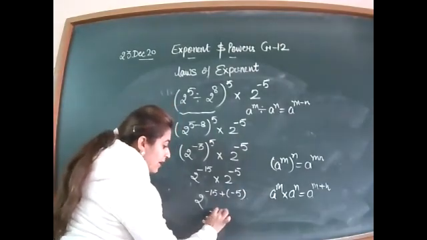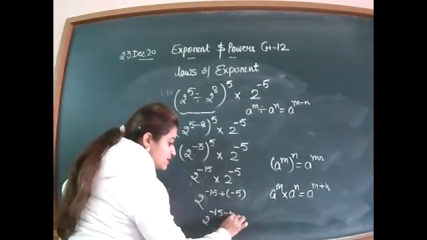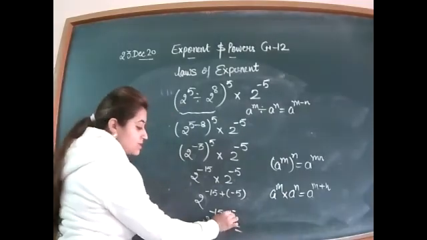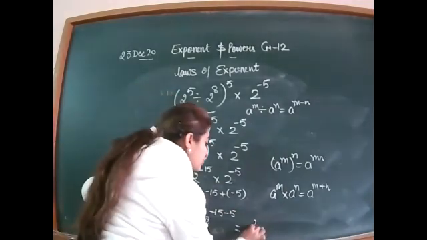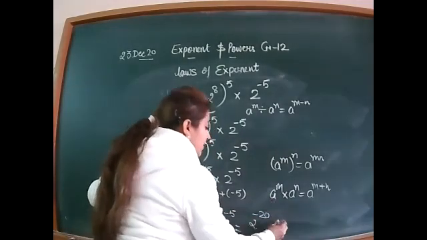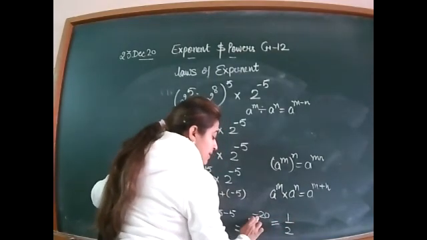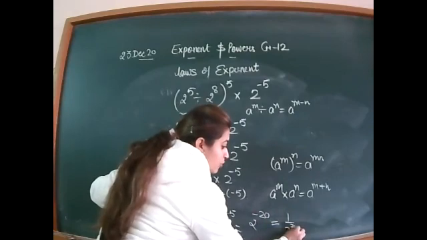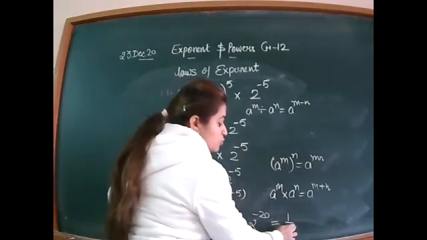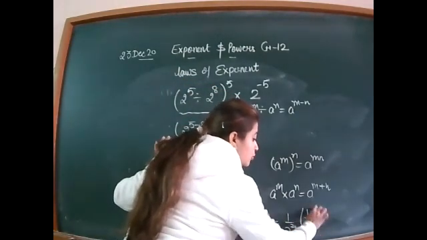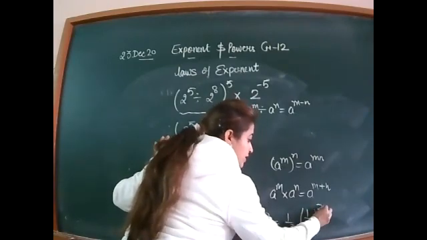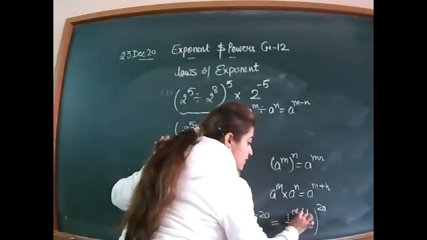This will give you minus 15 plus minus minus 5. Minus minus is plus. So when you add them, you will get 2 raised to power minus 20. And if you want to make it positive, then make the reciprocal of it. It will give you 1 by 2 raised to power 20, or you can say 1 by 2 whole raised to power 20. So both are the correct ways.